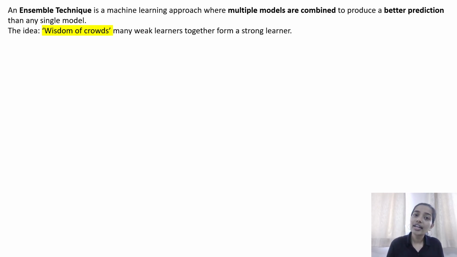So this is again an ensemble technique. What is the reason for combining? A decision tree on its own is a machine learning algorithm, so why do we come up with random forest? Because the accuracy or the prediction given by the random forest is better than that of the decision tree. So we combine different models to get better results or better predictions. That is an ensemble technique.